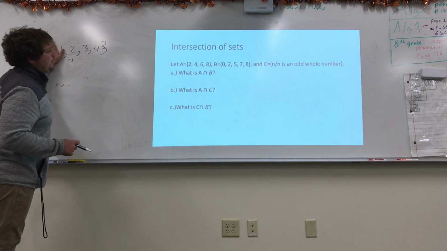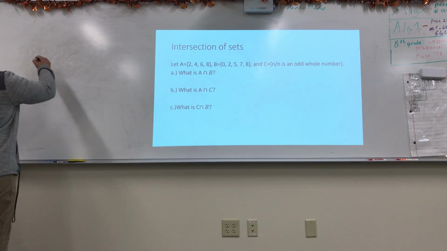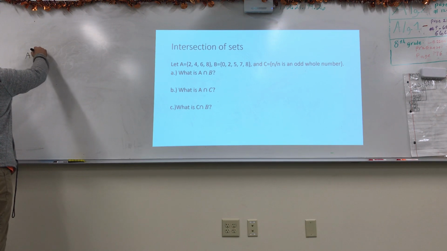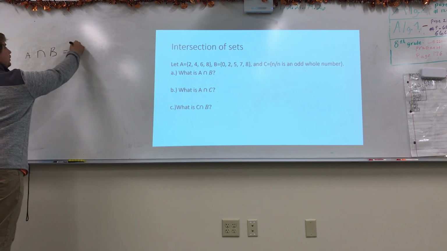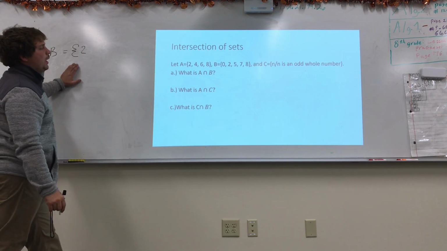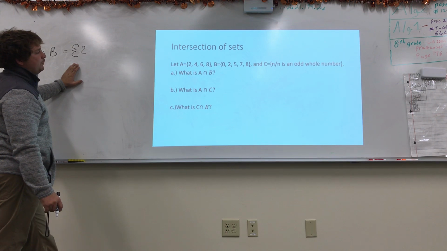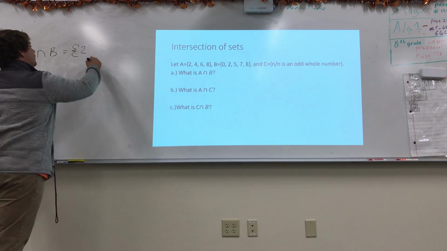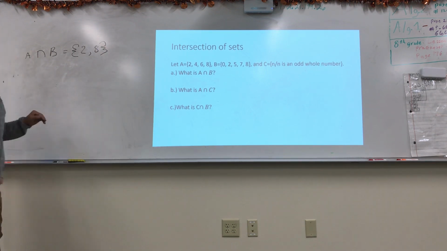In A, well, let's see, 2. So I'm going to go A intersects B equals 2 would work, 4 does not, 5 doesn't, 6 doesn't, 8 does. So for A, this would be my answer. Those are the only two that are in bold.